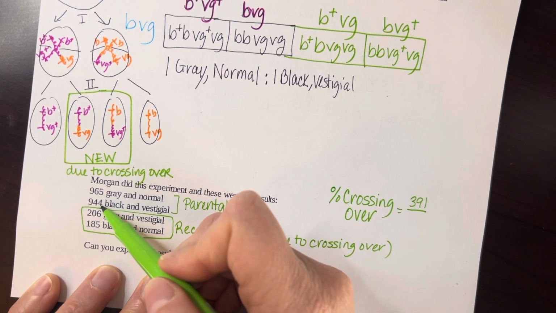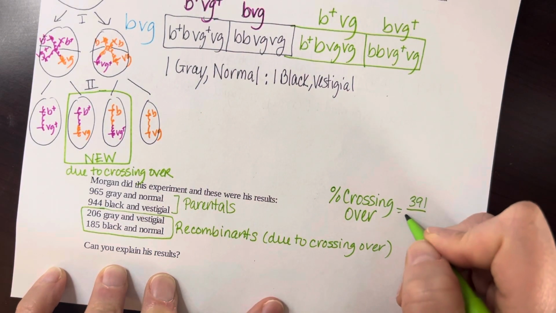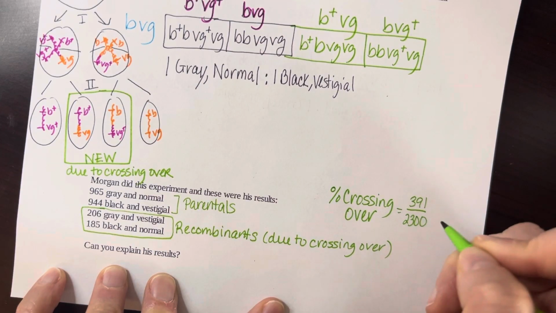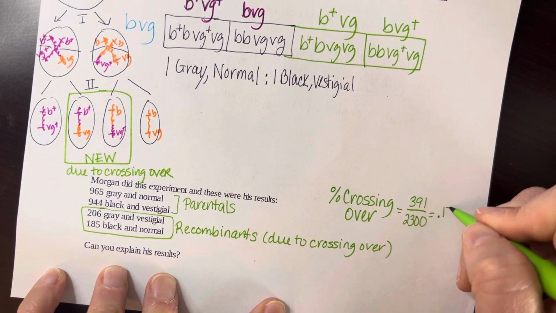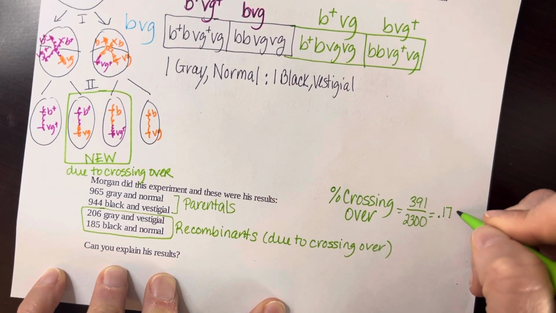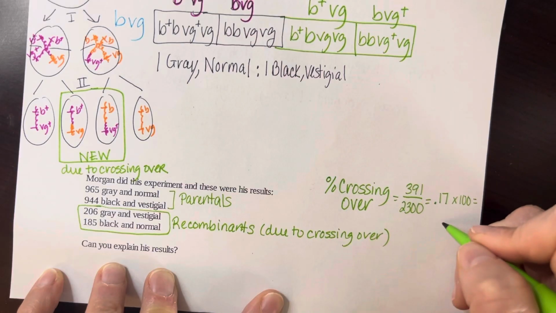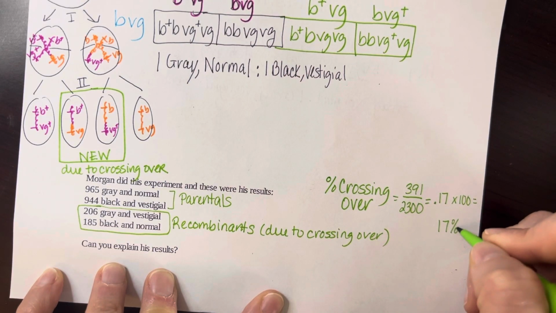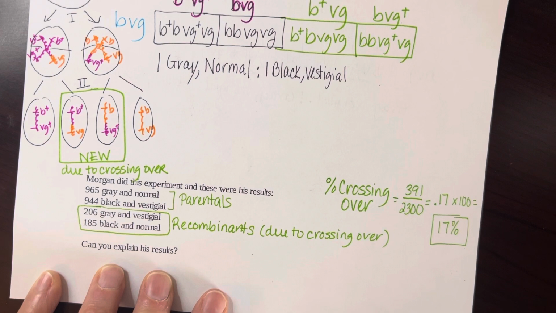So 965 plus 944 plus 206 plus 185. I already did this. It's 2,300. And then you divide that. If we round to 2 decimal places, you get 0.17. You multiply by 100 to get a percentage, and the crossing over frequency between those two genes is about 17%. You can figure that out based upon how many kids are due to crossing over out of the total.